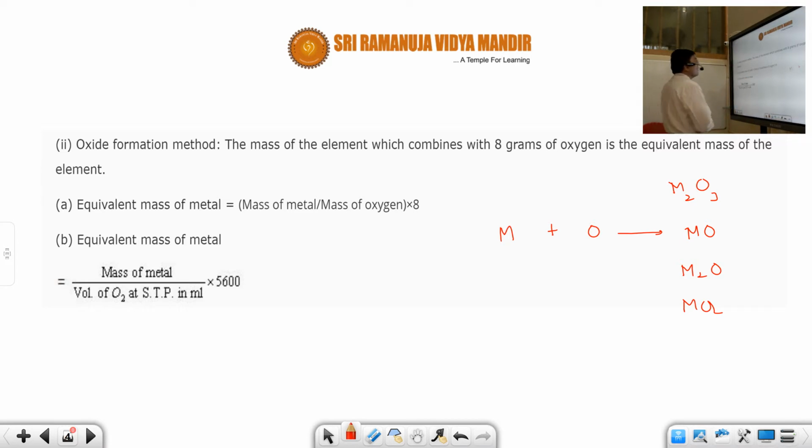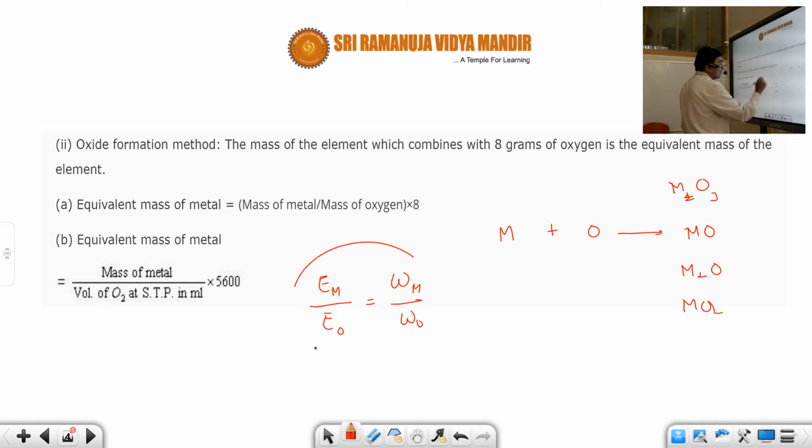Try to understand, students: the equivalent weight of the metal divided by the equivalent weight of oxygen is equal to the weight of the metal divided by the weight of oxygen. So the formula is equivalent mass of the metal equals mass of the metal by mass of oxygen into 8.